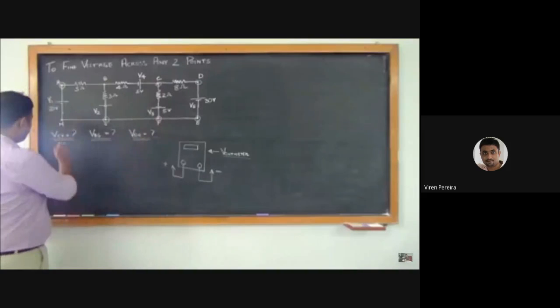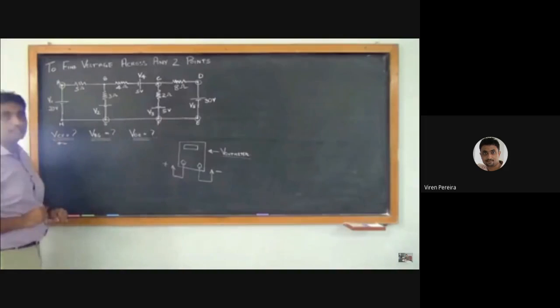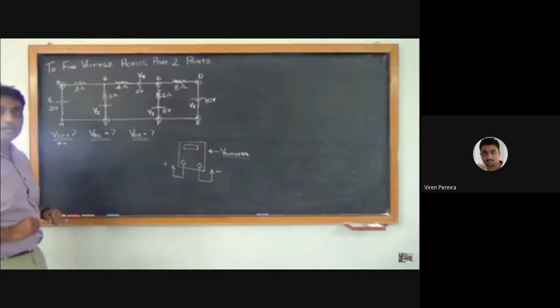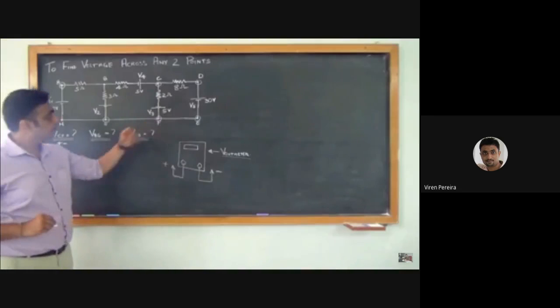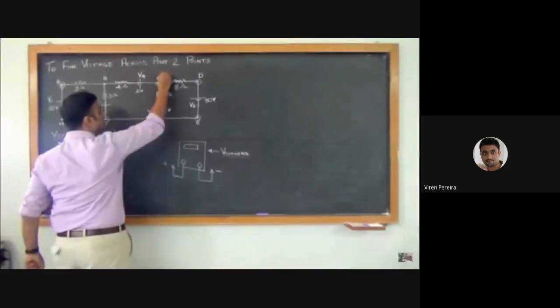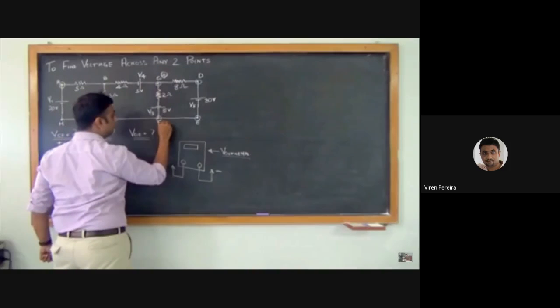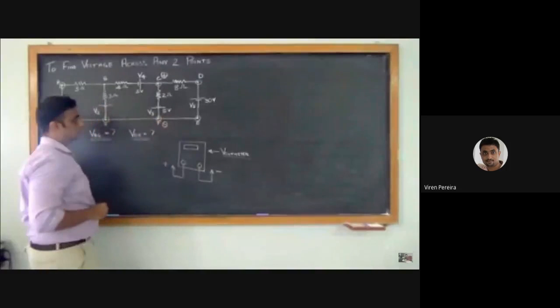So basically, C is connected to the positive wire and F is connected to the negative terminal. So we have positive and we have negative.